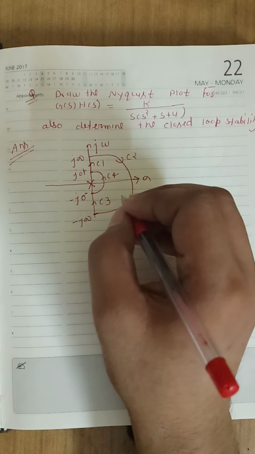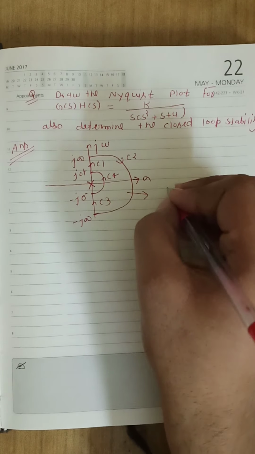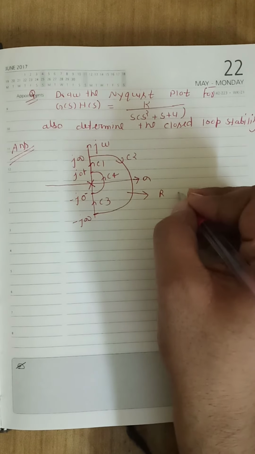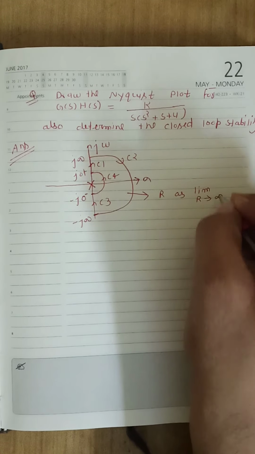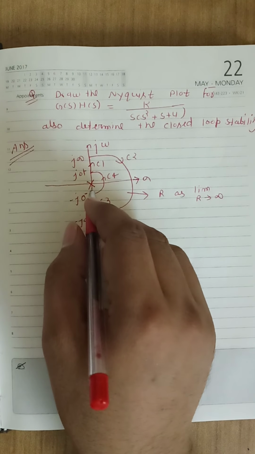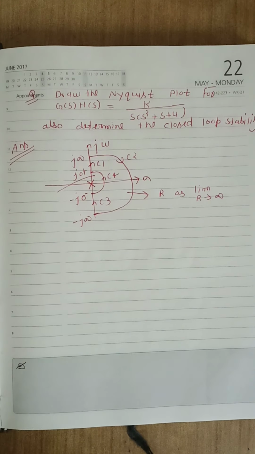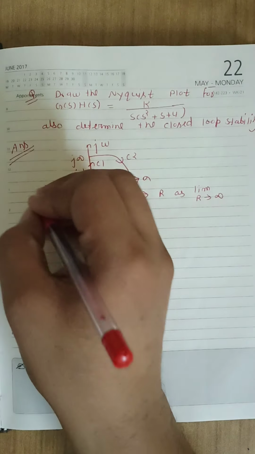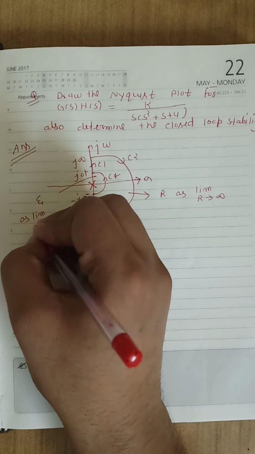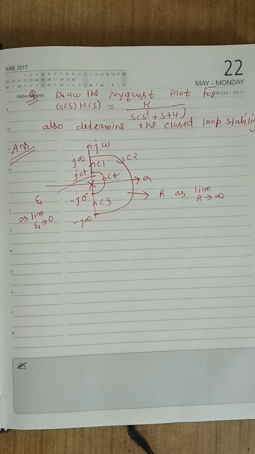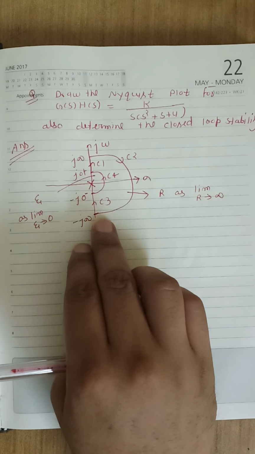The larger semicircle defines a semicircle of radius infinity, or radius r, as limit r tends to infinity. The smaller semicircle defines a semicircle of radius 0, or epsilon, as limit epsilon tends to 0. So this is the Nyquist contour, or S-plane contour, or Nyquist path.